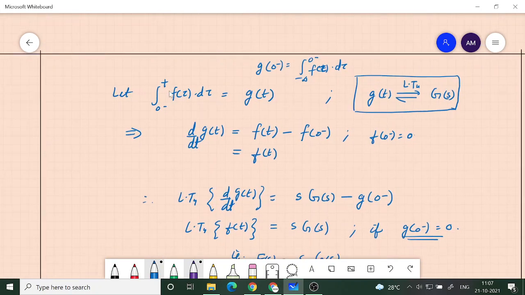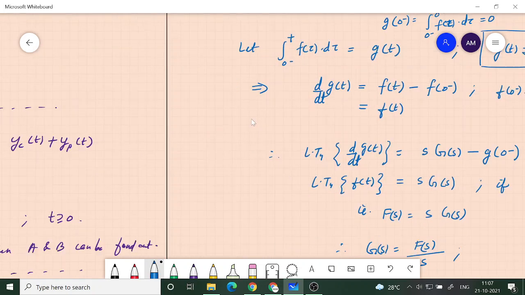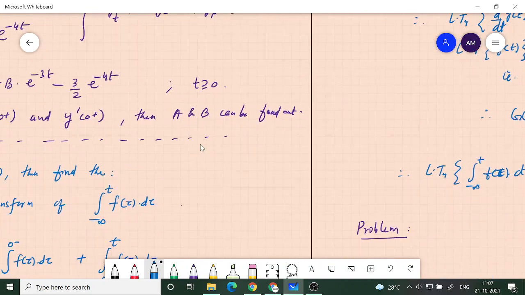In the way I have defined g of t, this is from 0 minus to t. So there is nothing to integrate; maybe that was a confusion. This is 0 minus to 0 minus, so it should be 0. But the given integral has integration from minus infinity to t also.